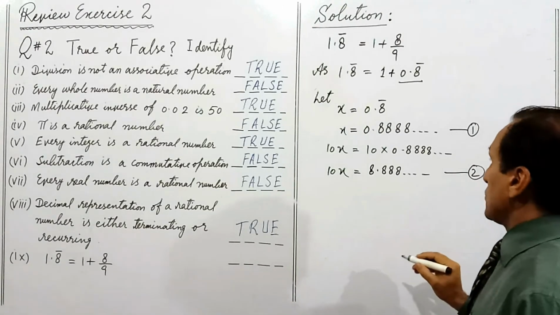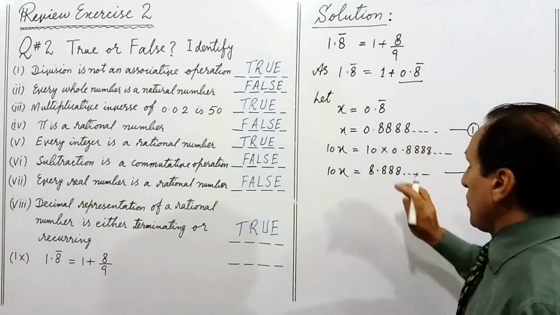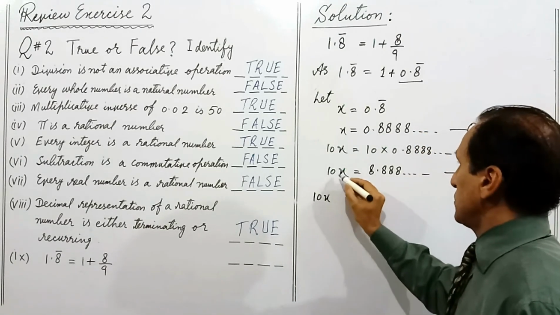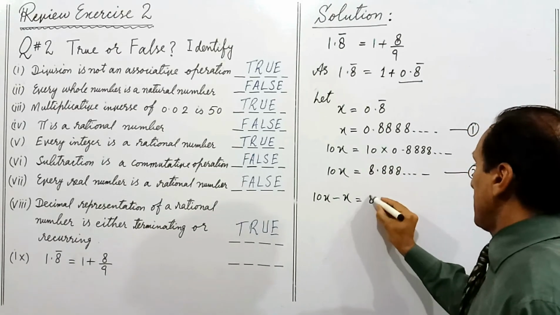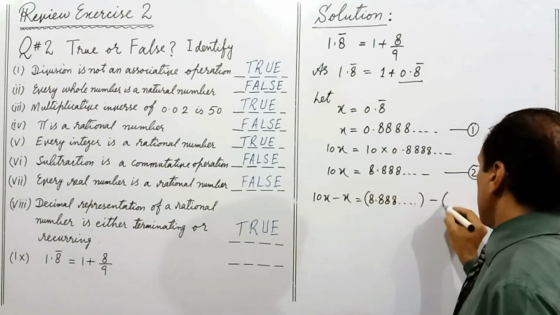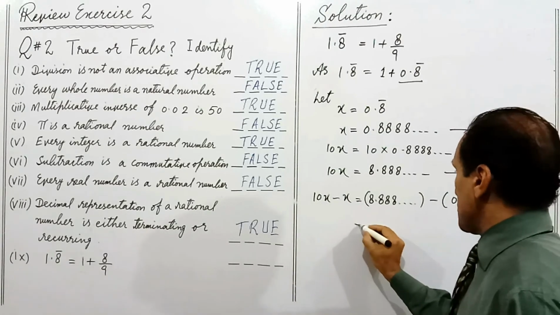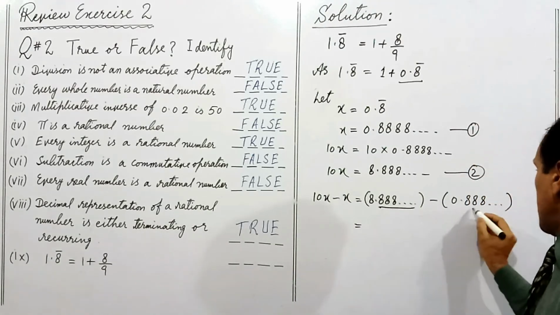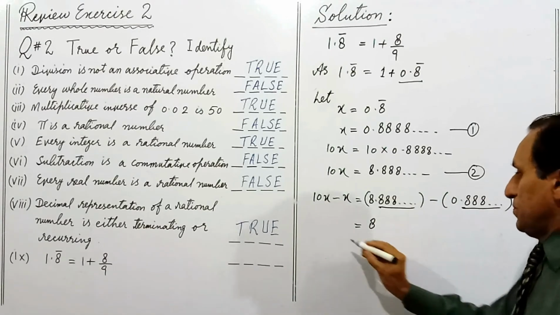We subtract equation number 1 from 2: 10x minus x, and on the right hand side 8.888 and so on, minus 0.888 and so on. What we see is that the decimal portion is cancelled due to the subtraction and we get 8.